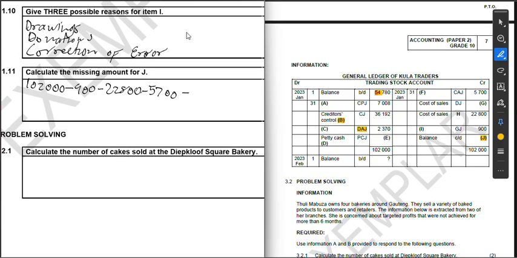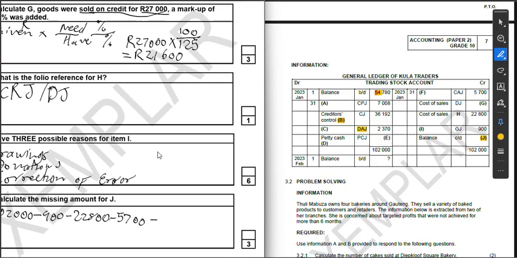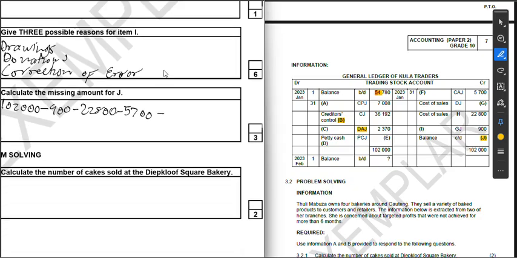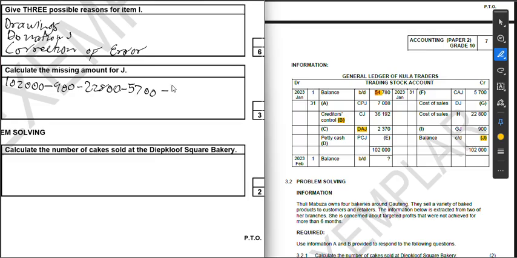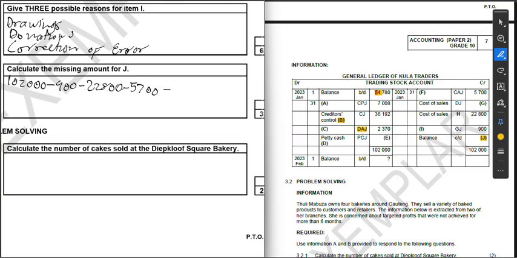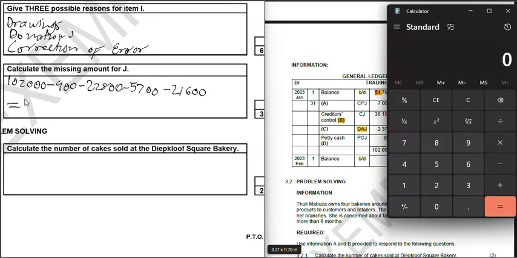Let's just double check it. Told you we need to double check it. So on G we calculated, the answer we got is 21,600, and then we shall have our answer. Let's get our answer. Calculator, come forth. Okay, calculator is here.